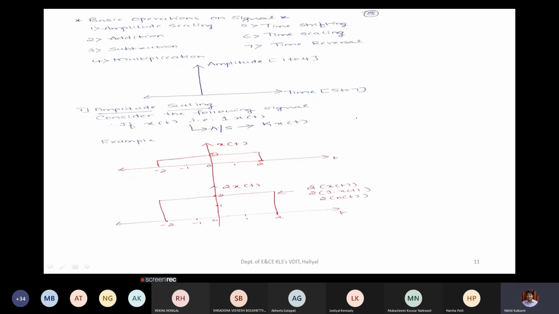concentrate here now. Now I am going to explain the basic operations which can be carried out on signals. You may have any signal, and based on the signals, we can carry out the following operations. These will be useful in the coming problems.